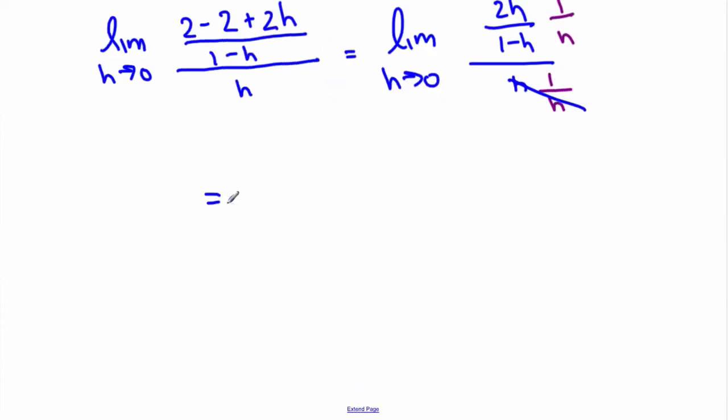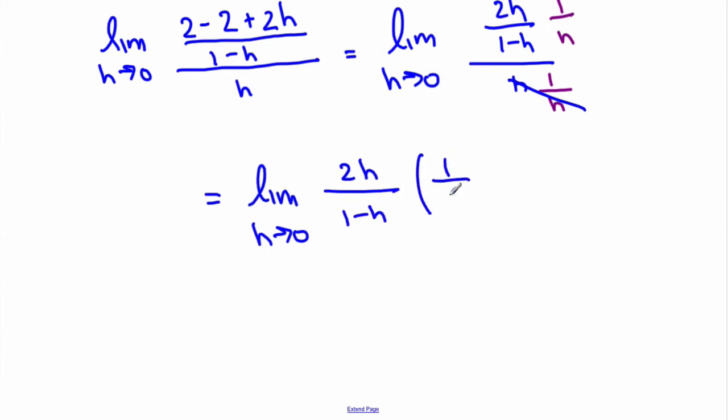Okay, now we're really close. Limit as h approaches 0 of 2h over 1 minus h times 1 over h. Now look what happened. H divided by h, those go away, and we're left with the limit as h approaches 0 of 2 over 1 minus h.